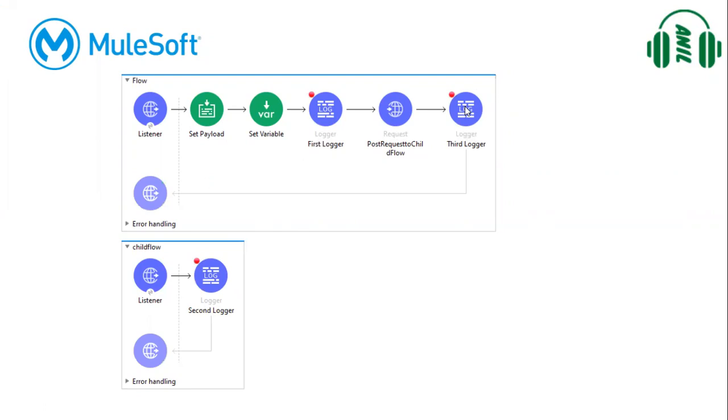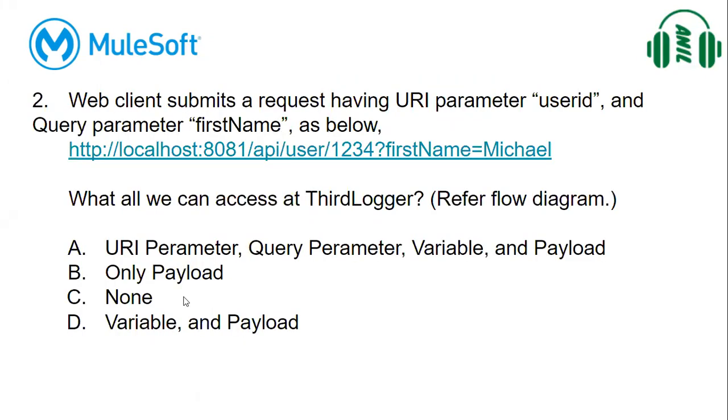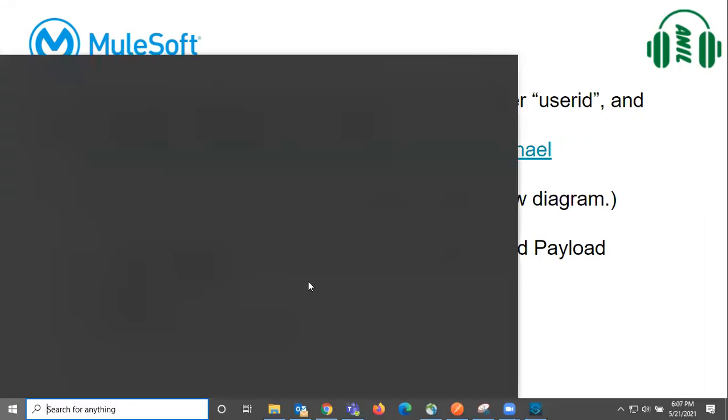And payload we can access. So the answer is variable and payload. D is the answer. So let us see this in the flow.